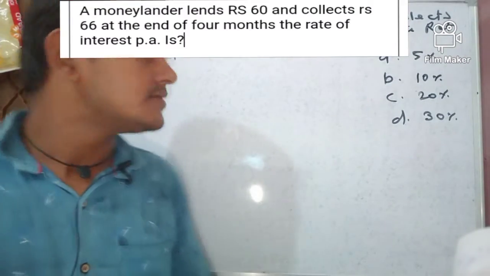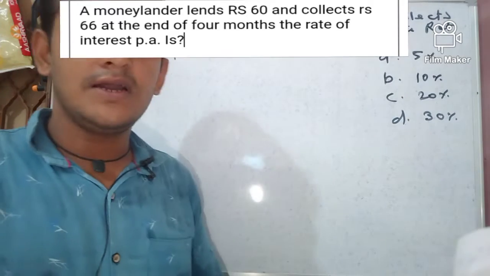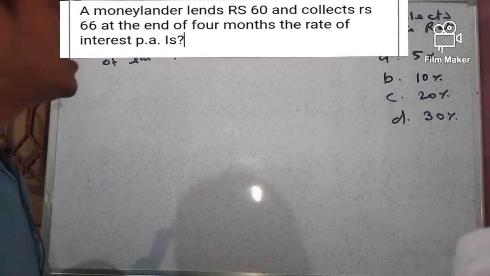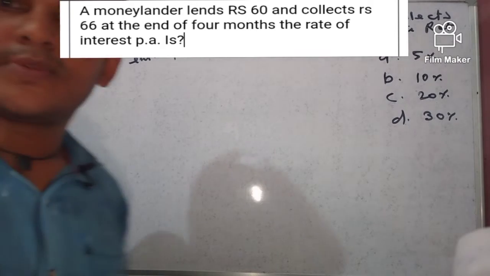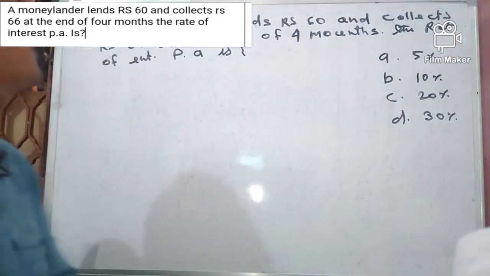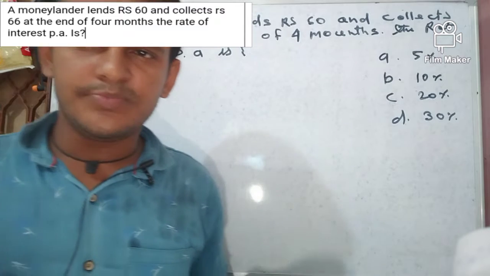Move to question number 2. A moneylender lends Rs 60 and collects Rs 66 at the end of 4 months. The rate of interest per annum is? The question is asking for the rate of interest if 60 becomes 66.